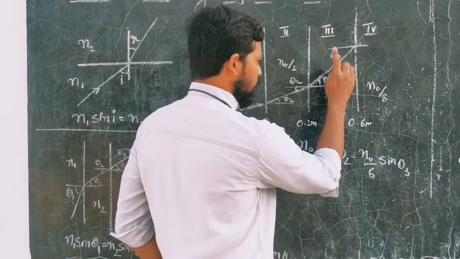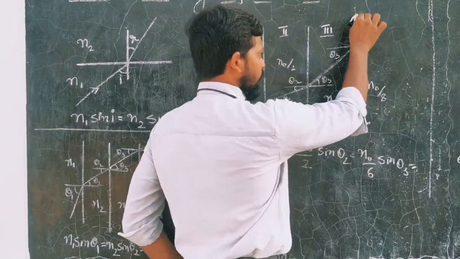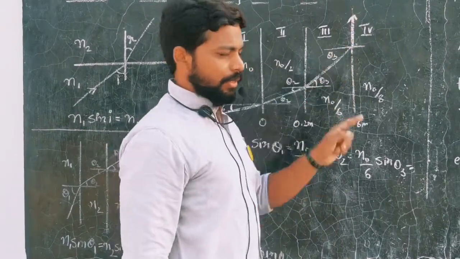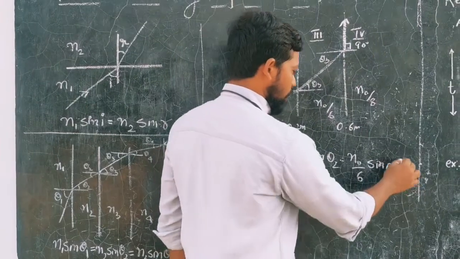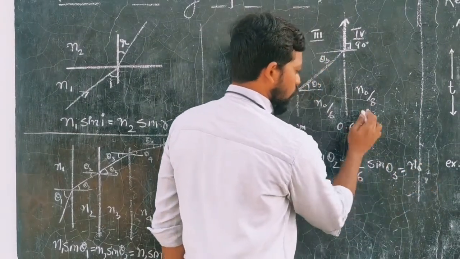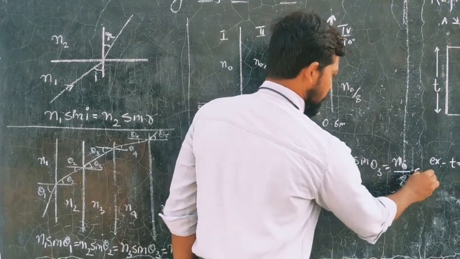This is theta 3, and here you can see the light ray grazes the interface. Here the angle of refraction is 90 degrees, so we can write n0 by 8 sin 90.